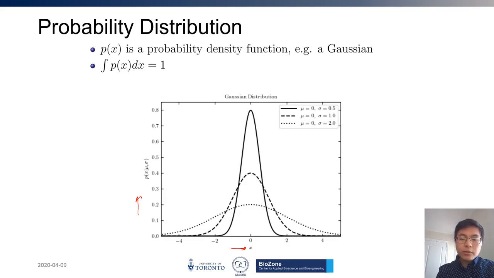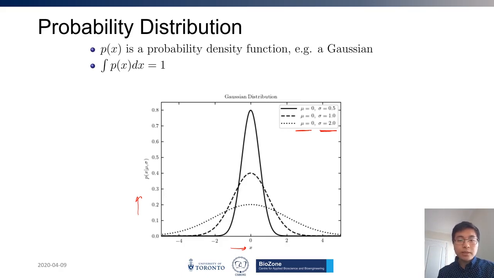What I want to stress intuitively is we have these things called parameters. In the Gaussian distribution, we have two parameters, mu and sigma. Mu is the mean, sigma is the standard deviation.